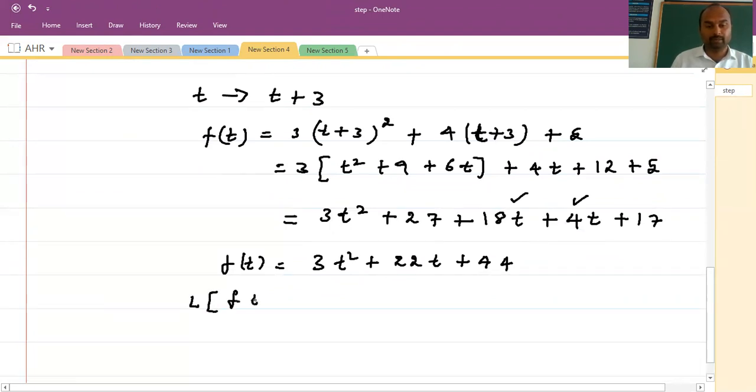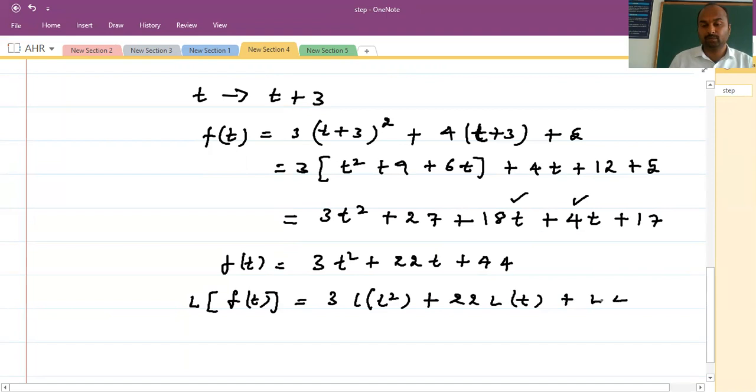Laplace transform of f of t equals 3 into Laplace transform of t square plus 22 into Laplace transform of t plus Laplace transform of 44.